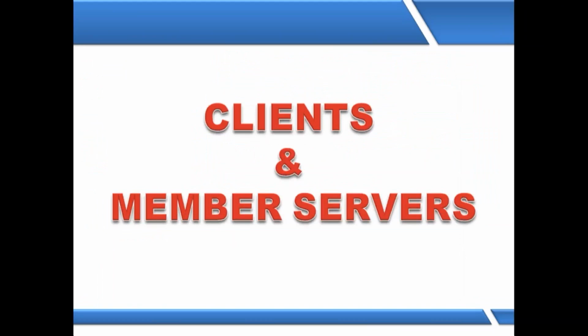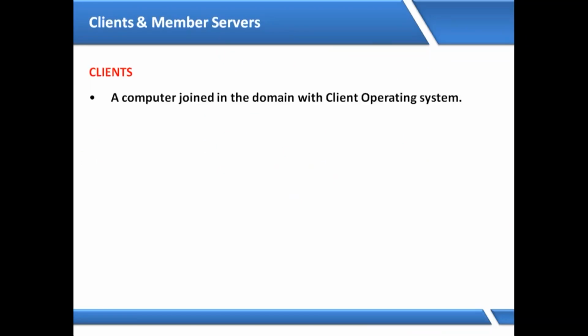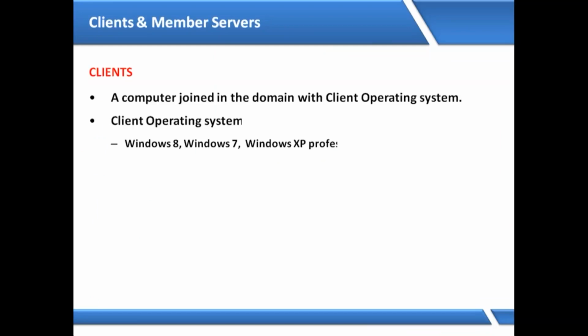Two types: client OS and server OS. Based on that, we have two types of machines, client and member server. First we'll try to understand the definition of client. A client is a computer which is joined into the domain with the client operating system.